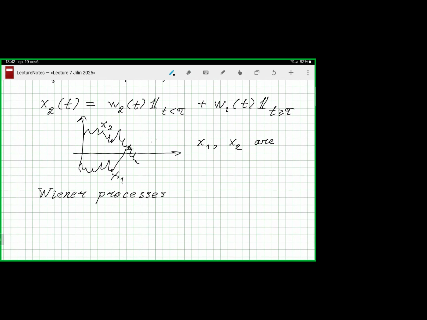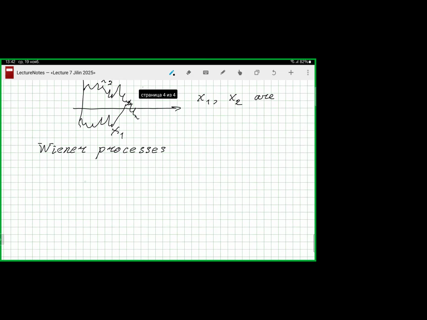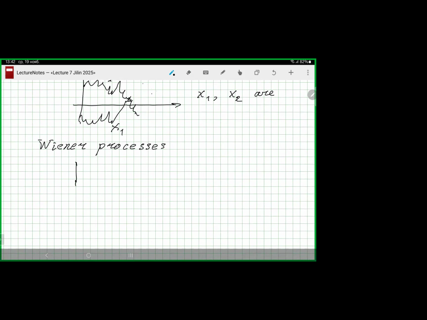Then one can maybe understand, and this is trivial, that one can proceed in the same way having an arbitrary number of Wiener processes.